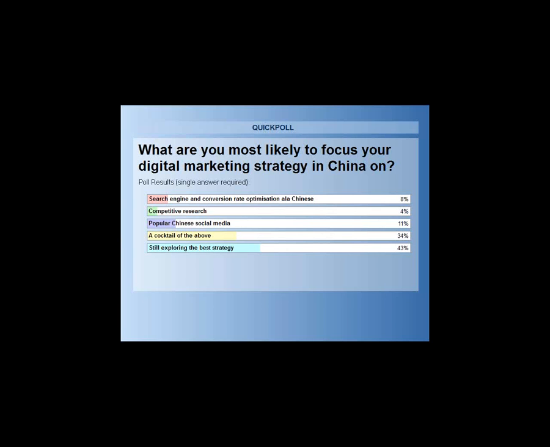Well, I think it's quite interesting to see those results, and a good majority of people are still exploring the best strategy to address the China online market. This is not surprising, as it's actually not an easy task when you're considering selling to Chinese. Obviously you should define your strategy, what you're looking for first.